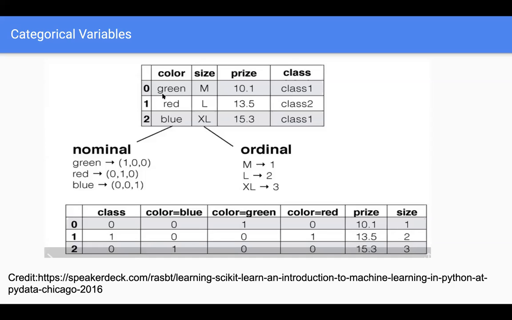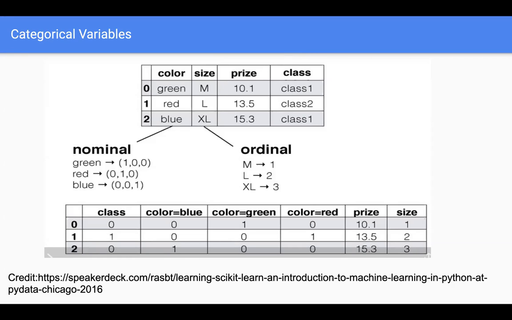Over here it is a garment, and the color of the garment could be green, red, or blue. We could also have the size and the class associated with it. When building a machine learning model, we won't directly use these input features as is. We will have to do some pre-processing so that they are converted into integer values before they are passed to the classifier functions.